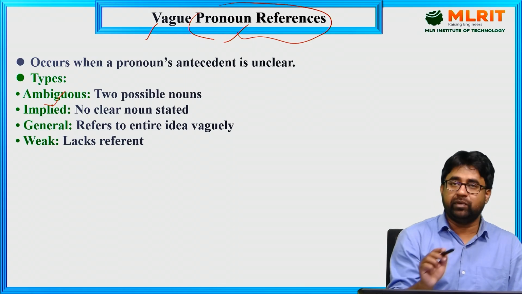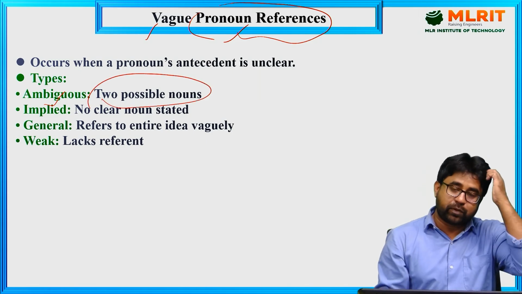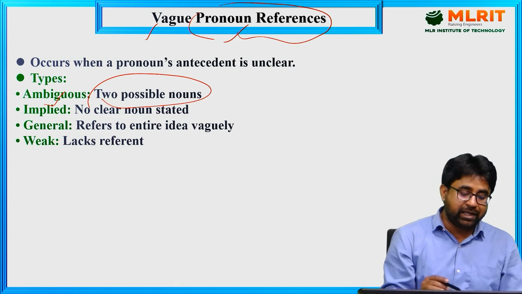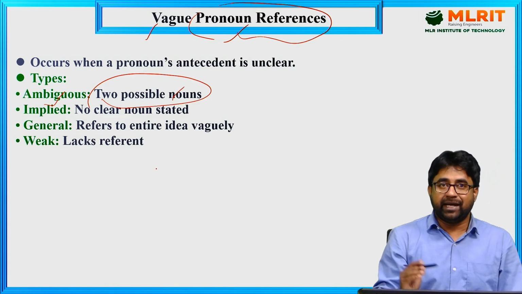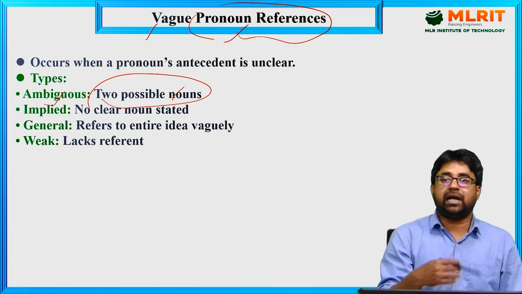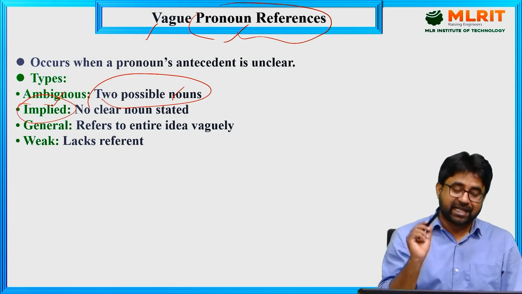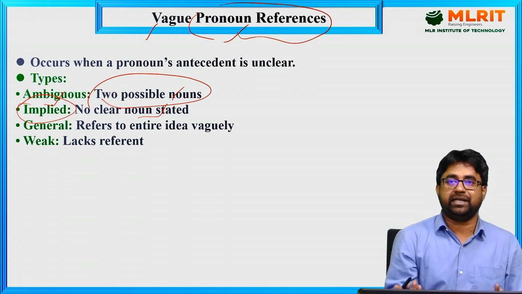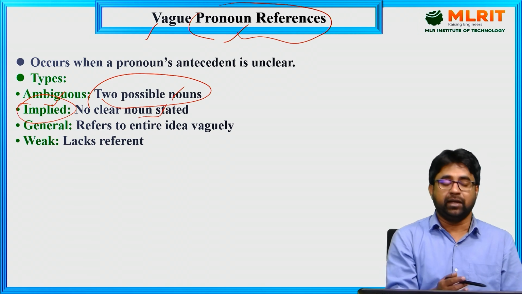First is the ambiguous pronoun. We write a sentence and use a pronoun, but the pronoun can refer to two possible nouns. So the reader will not be clear which noun the pronoun is referring to. Sometimes the reference can be implied, with no clear noun stated. The pronoun would be there, but the noun would be missing.